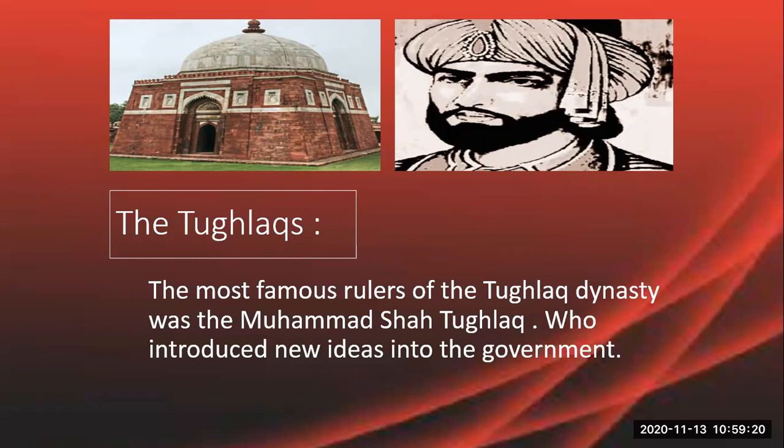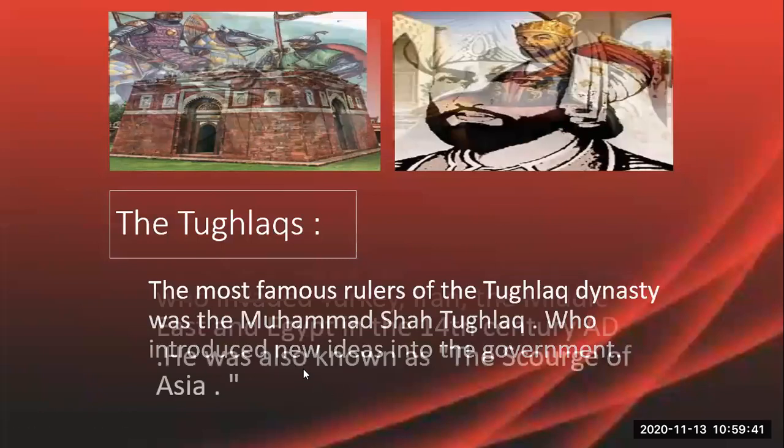He was educated, but he could not be understood by the common people, so people started calling him an educated fool. So we have to remember that the most famous ruler of the Tughlaq dynasty was Muhammad Shah Tughlaq, and he introduced new ideas in the government.